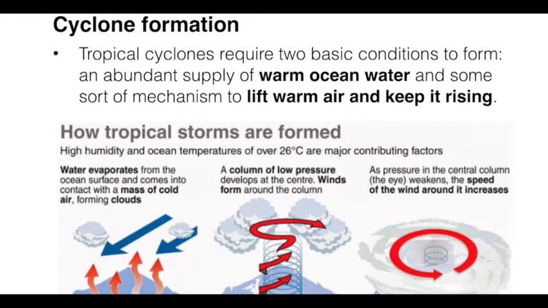It'll turn counterclockwise because it's low pressure on the inside, and as it does, you get more and more speed and more and more clouds. At a certain airspeed, the inside will open up and you'll get an eye, with very low pressure on the inside and very high speed winds circulating around that eye.